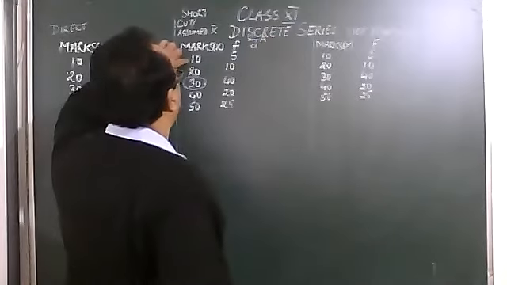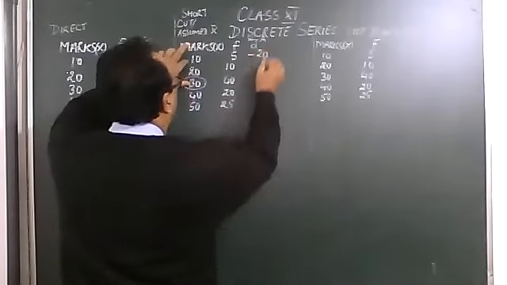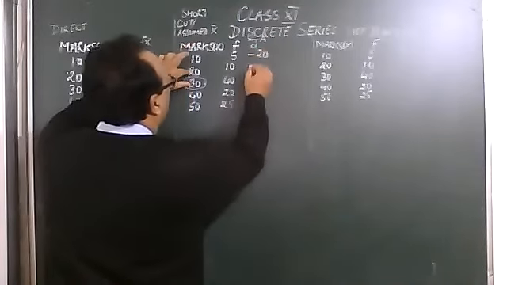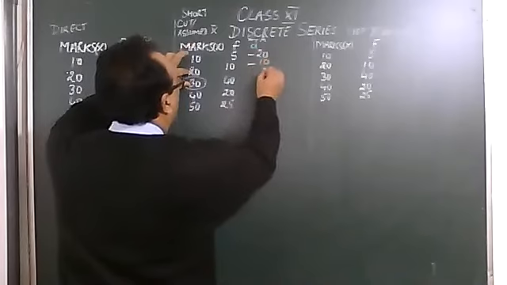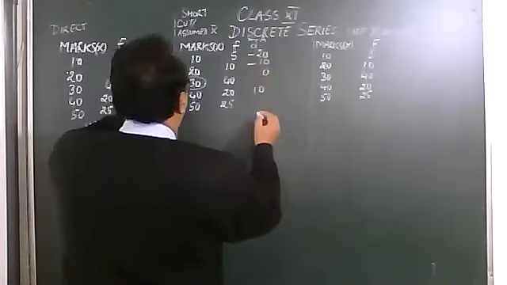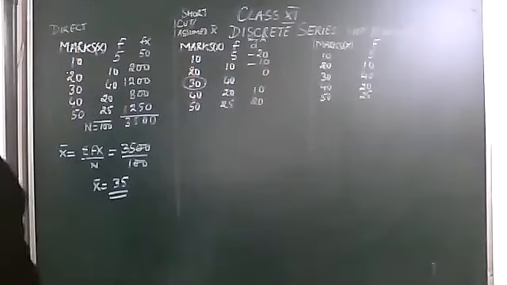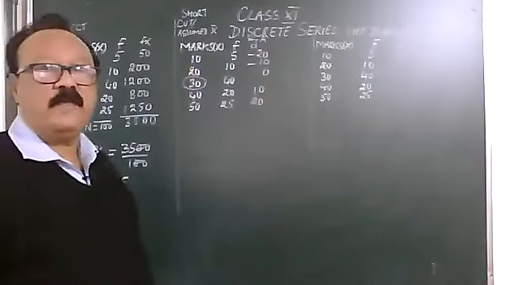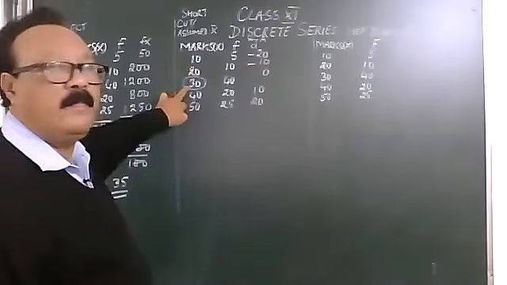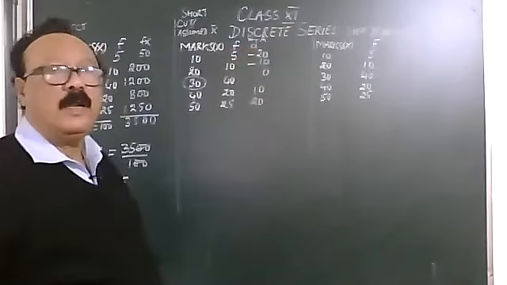So x, that is 10 minus 30 is equal to minus 20. 20 minus 30 is minus 10, 0, then this will be 10 and this will be 20. So this is how we get the deviations from an assumed mean, x minus a to give you d.